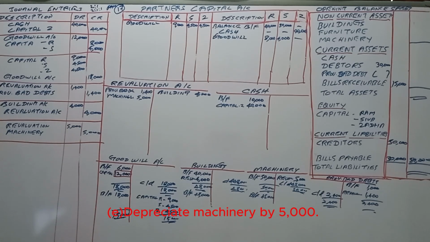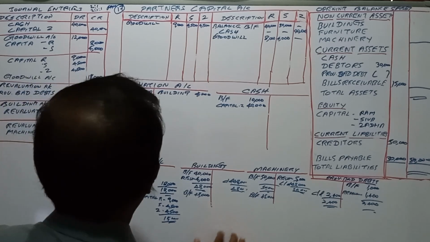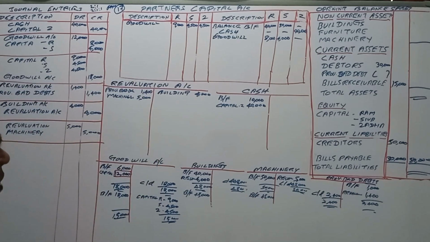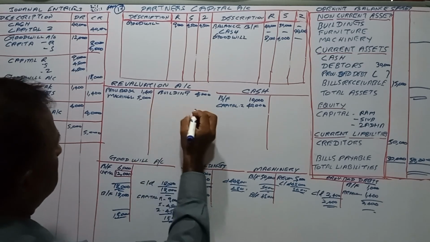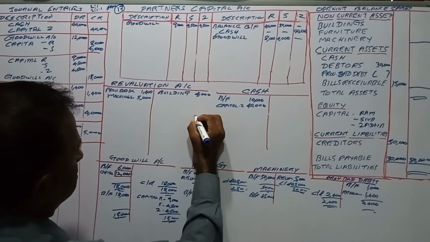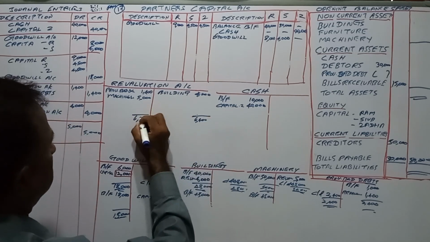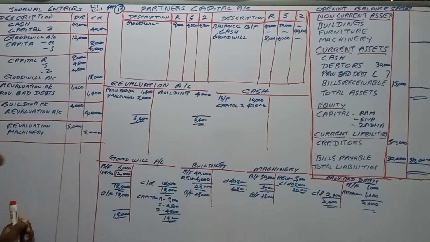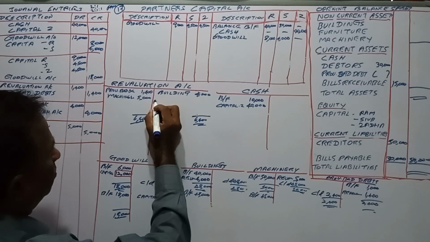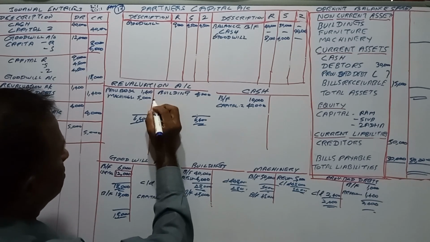And new profit sharing ratio is 2:1. Right? Now everything is over and we have to just balance the accounts. First of all, we have to balance the revaluation account. Revaluation account 6,400 and 2,400.